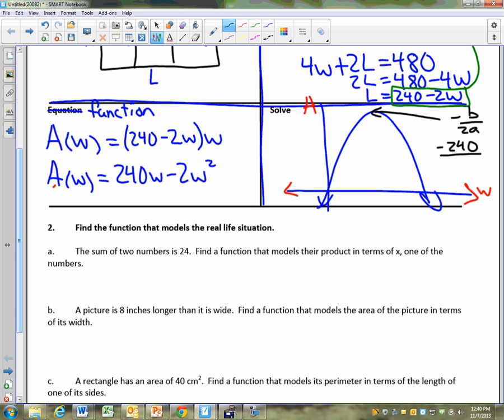The b value is the value in front of the linear term, or W to the 1 power, whereas the a value is the one in front of the squared term, or negative 2. Okay, so 2 times negative 2 is negative 4. And what's negative 240 divided by negative 4? Positive 60. Look at that.